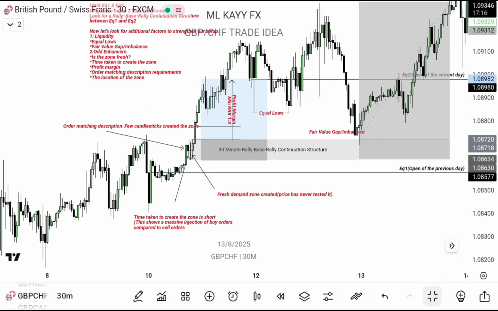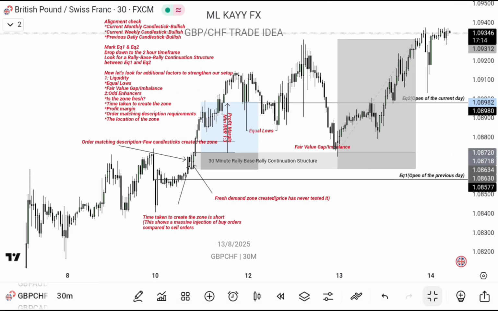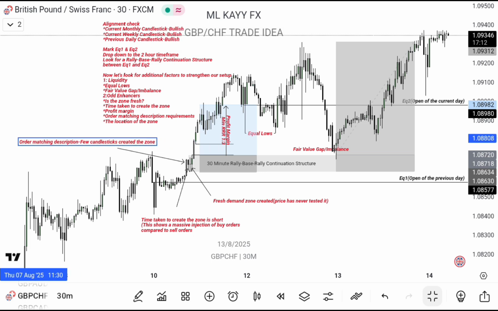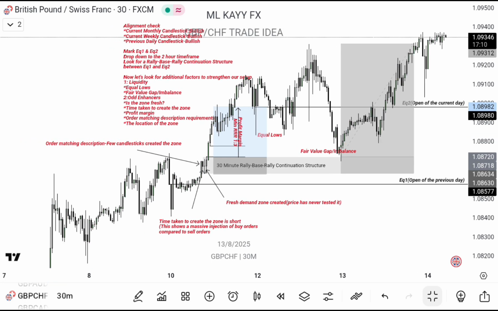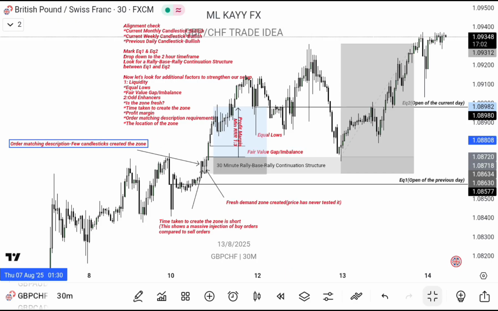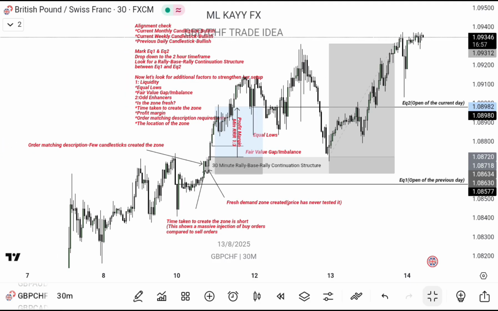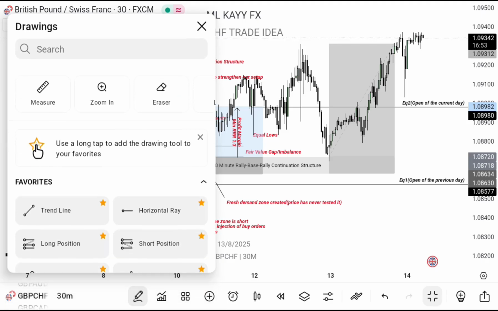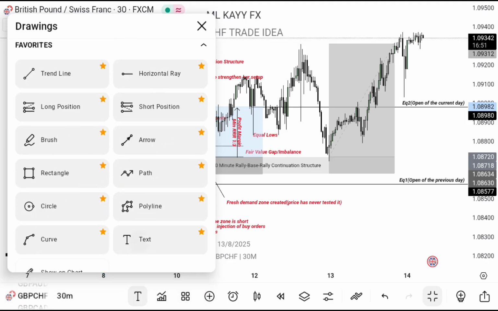So now that I explained the profit margin, the order matching process, like I said, is a battle between buy orders and sell orders in the market. So in order for us to see that buyers are in control, there won't be too much activity of sellers. Meaning, in this case, we won't see a lot of bearish candlesticks.